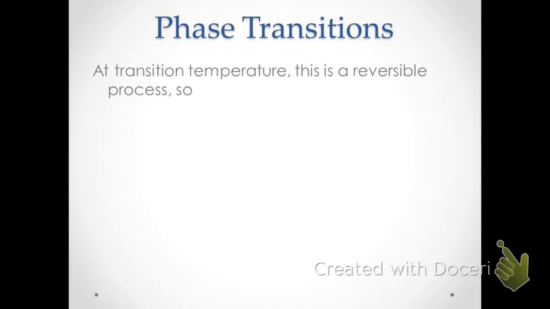Okay, so let's talk about phase transitions. At the transition temperature, say the boiling point or the melting point, these are reversible processes. They are equilibria. Any time we have an equilibrium, and we'll talk about this in more detail in future videos, an equilibrium corresponds to a reversible process.